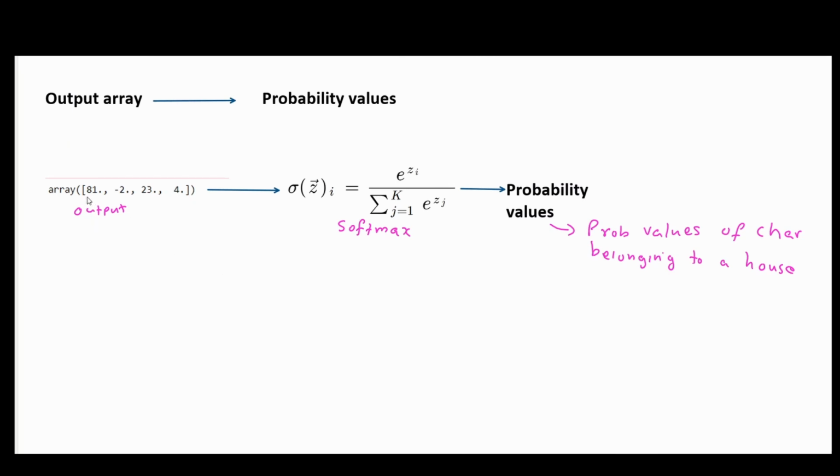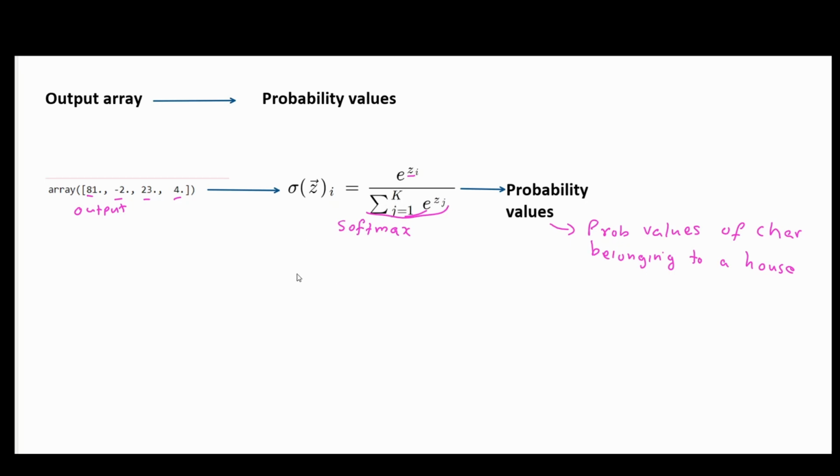Each of the values that you see here, that is 81, minus 2, 23, 4, are nothing but the zi values. And the entire thing that you see here at the bottom is nothing but the sum of all these values: exponential of each number, and then you take the sum of it.